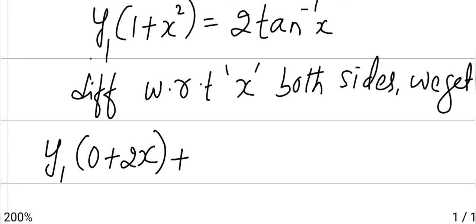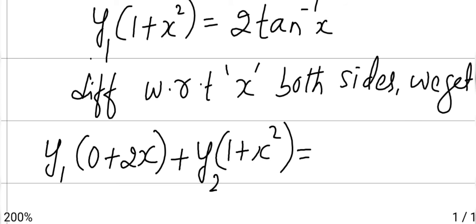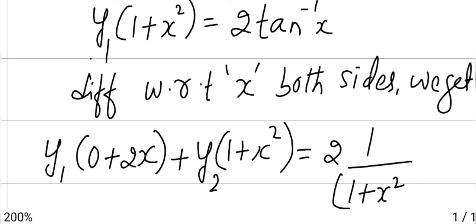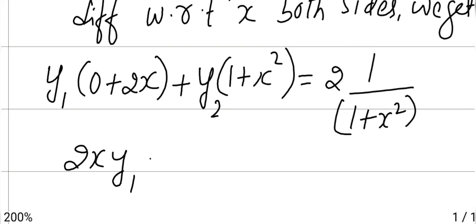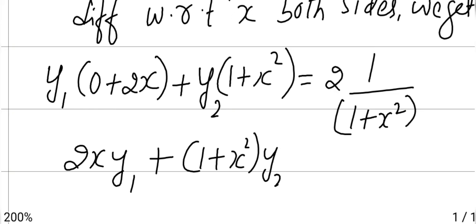Then plus differentiation of first term will be y2, second term will be as it is, equals 2 times of tan inverse of x differentiation is 1 by 1 plus x square. Now we get 2xy1 plus 1 plus x square y2 is 2 by 1 plus x square.